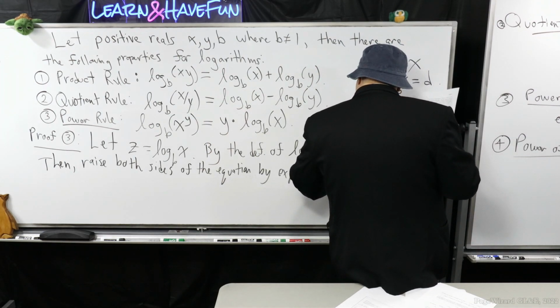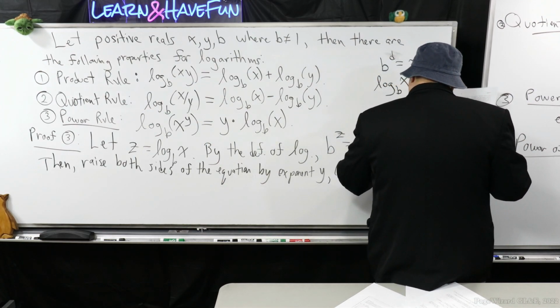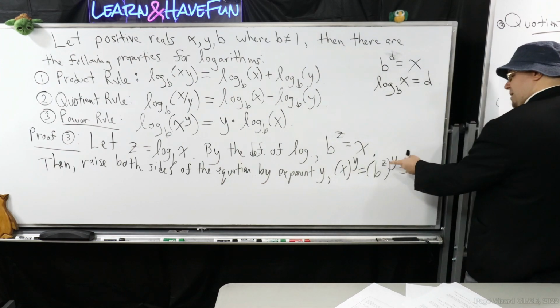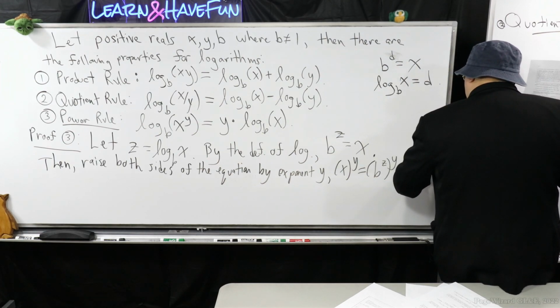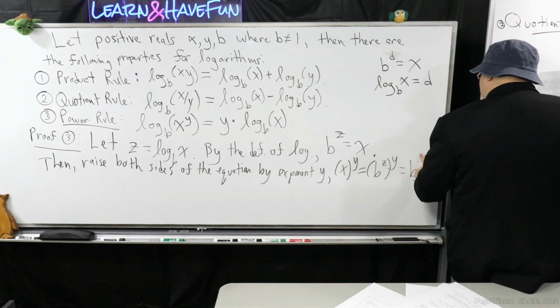That means x to the y has to be equal to b to the power of z, raised to the power of y. But what is this? Because of the properties we talked about with exponents, it's b to the z times y, but I'll write it as yz because the order shouldn't matter.